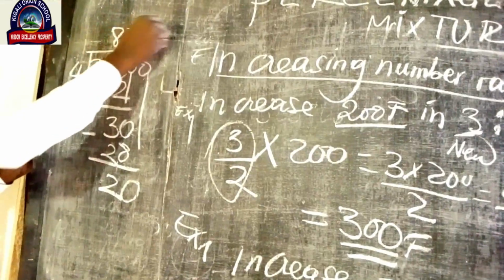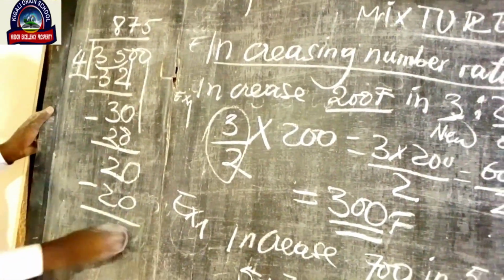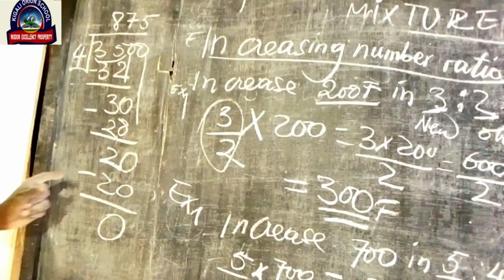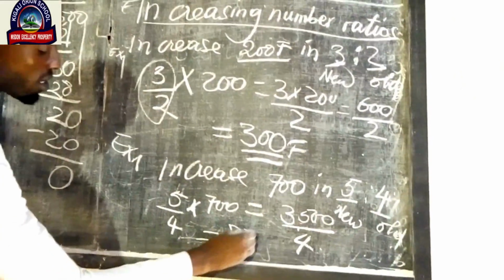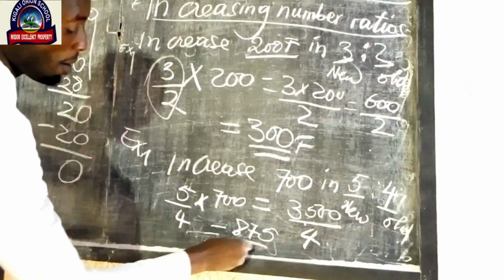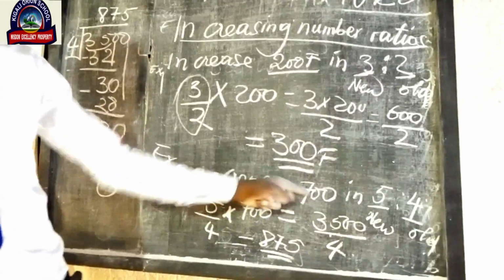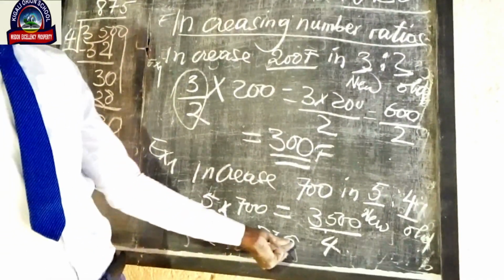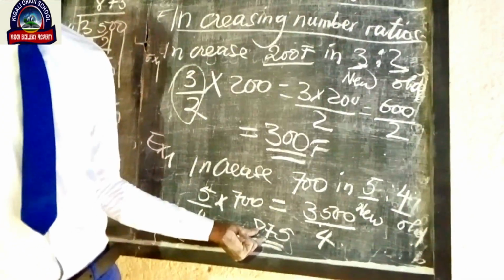There it is 5. 5 times 4, I get 20. Subtract, I get 0. That is the process of division. So the answer here is 875. By observing, before I had 700, but now I have 875, which means that this number has been increased.